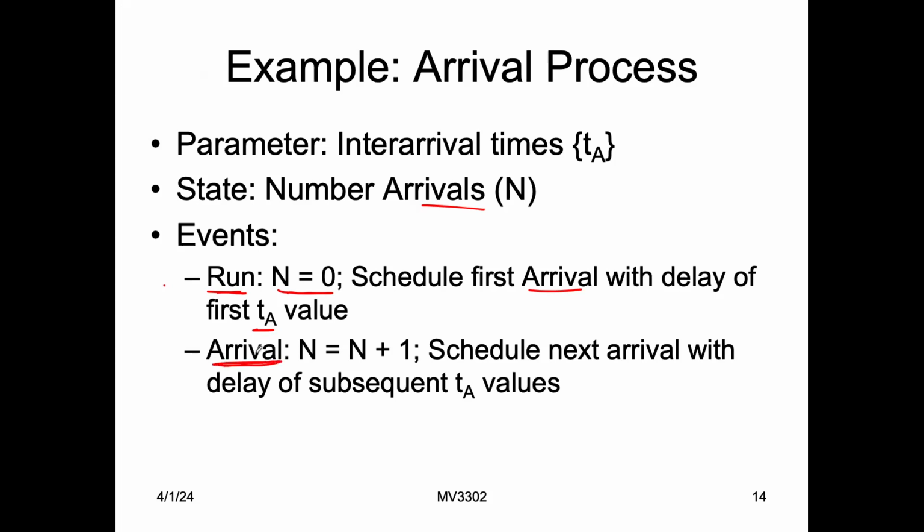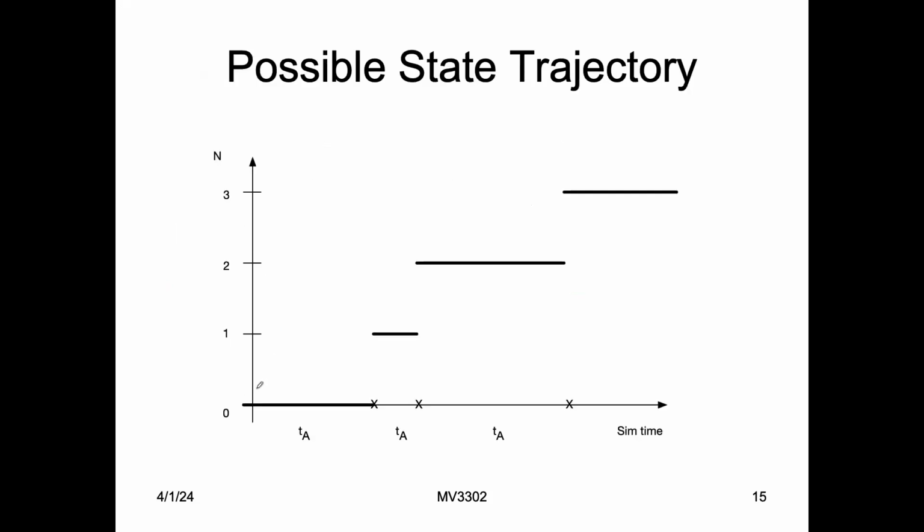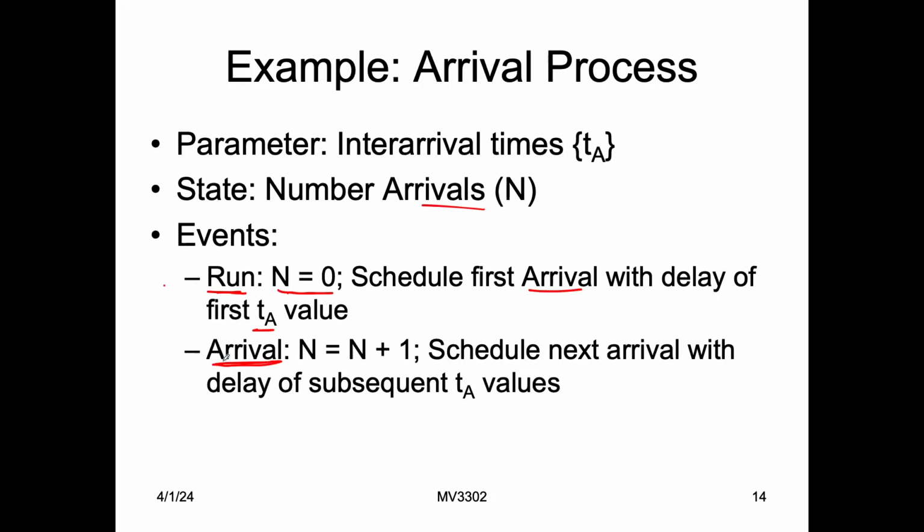Now the name arrival is totally arbitrary, just like the name of a method is an arbitrary label. There's nothing about calling it arrival that makes it an arrival. What makes it an arrival is actually the state transition.